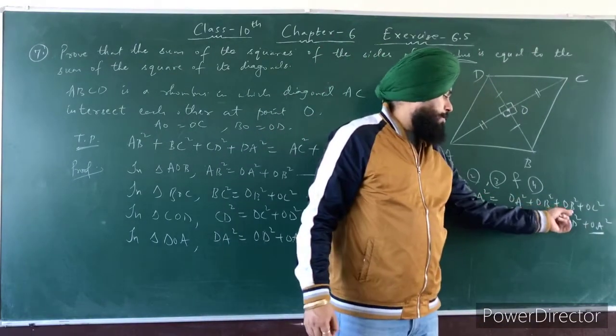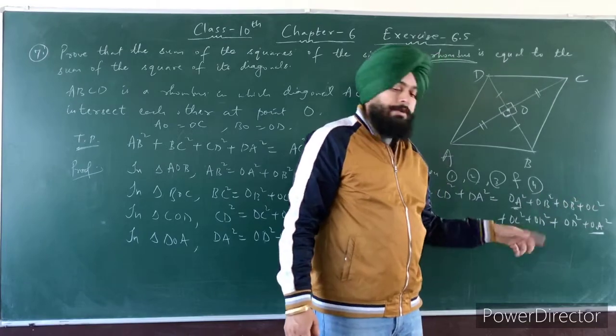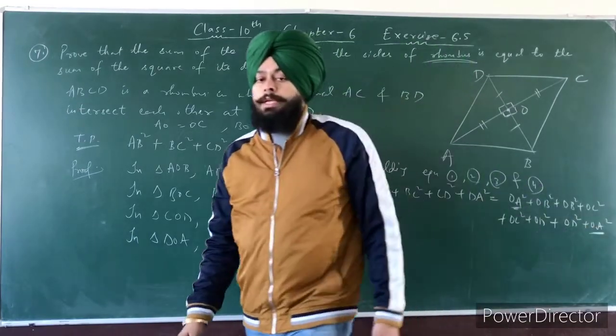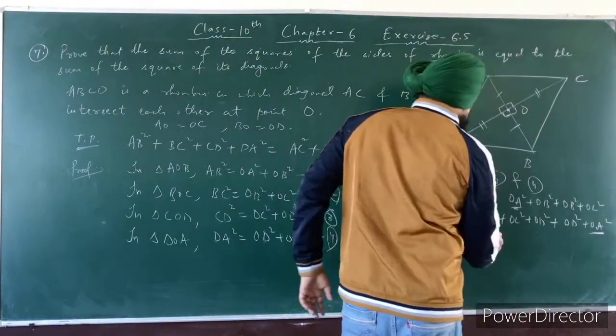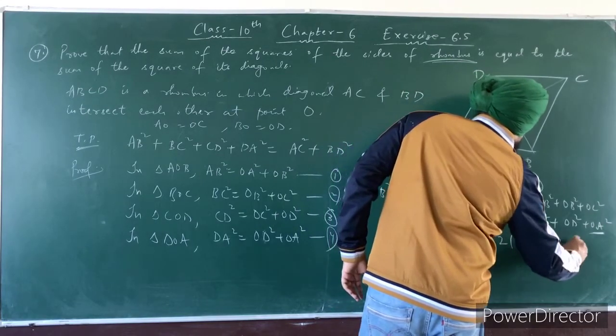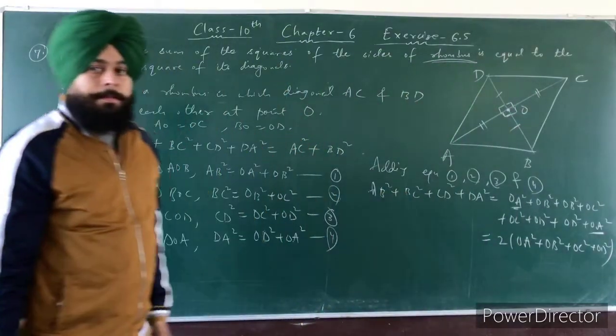Next, OB square plus OB square is again 2 times. OC square plus OC square is 2 OC square. And OD square plus OD square is again 2 OD square. So you have to take 2 common from each and every term. So you will get 2 times OA square plus OB square plus OC square plus OD square.